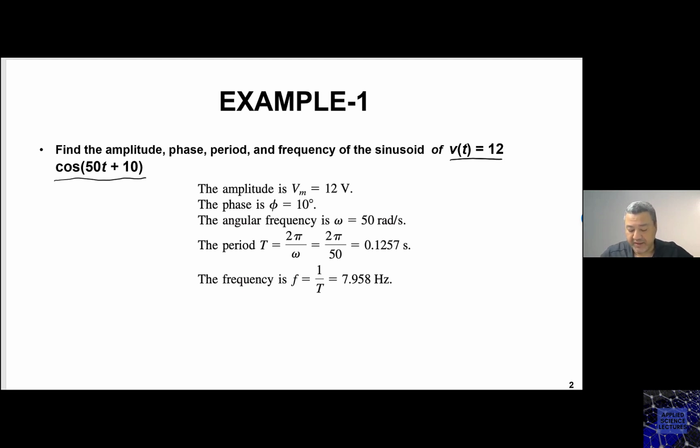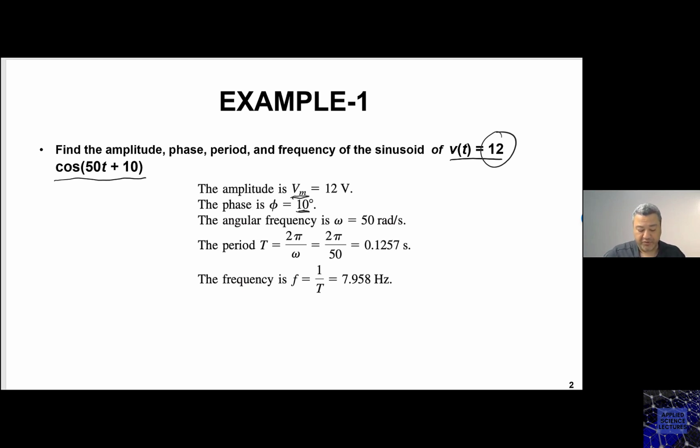So in this signal, we have the amplitude Vm, which is 12 volts here. That's the voltage. We have the phase phi as 10 degrees, which is the angle.